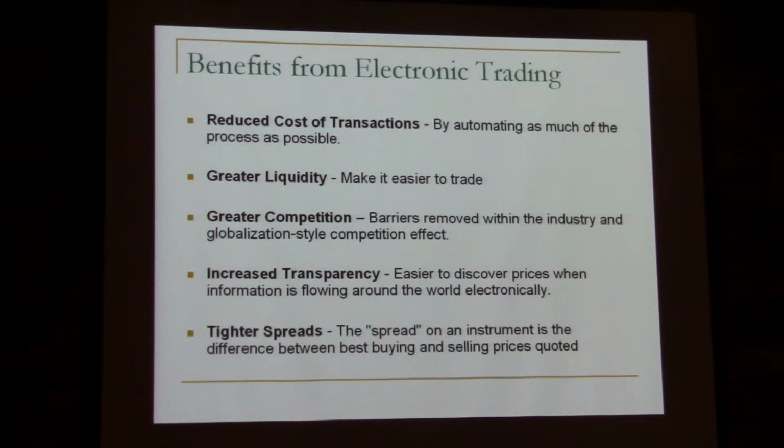Tighter spreads, that's a technical term. In an exchange, you have the buy side and the sell side, right? The spread is the difference between the best buy price and the best sell price.